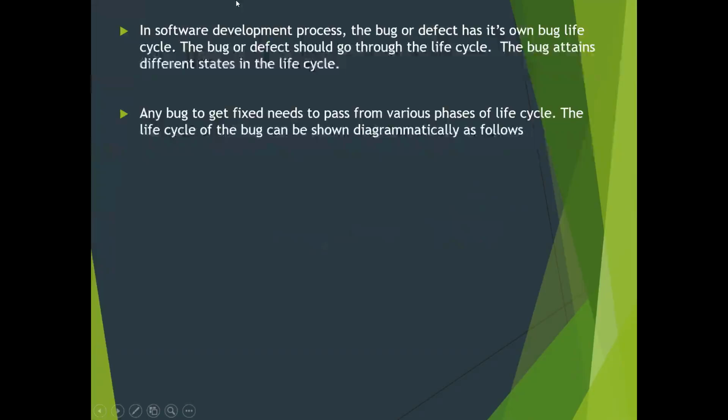So in the software development process, the defect or bug has its own bug life cycle. The bug or defect should go through the different stages that we have. If any bug is fixed, then we are going to test it in various phases of the life cycle. Let us take a feature.